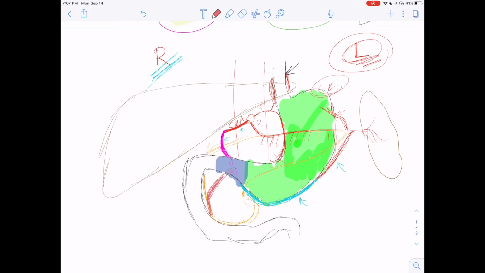So as you can see, it's gonna feed the duodenum. It's gonna feed the pancreas, so it would be superior on top of it. Superior pancreatoduodenal. So superior pancreatoduodenal. Does that make sense? Again, from gastroduodenal, we're gonna have another branch, and that branch is coming and gives us superior duodenal. Right? Okay.